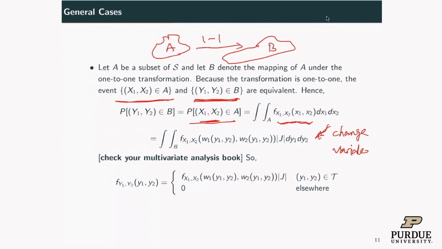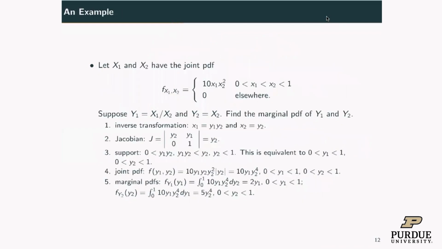I get the probability (Y1, Y2) in B is a double integration over this B of some function. By the definition, this function must be the joint PDF. So the joint PDF of Y1, Y2 is given by this formula. This is how we get the joint PDF of a transformation for the general case. We can take a look at an example to get a better understanding of this.